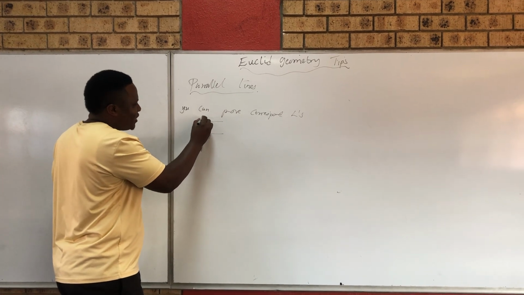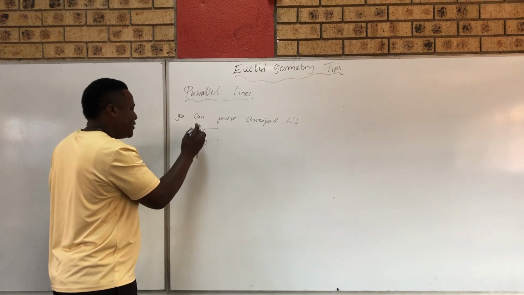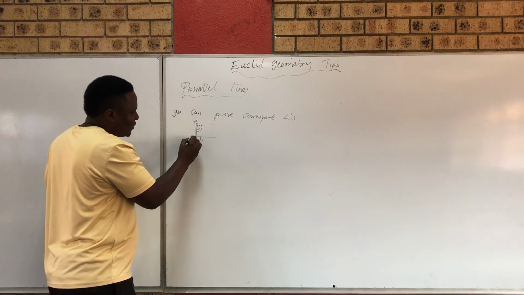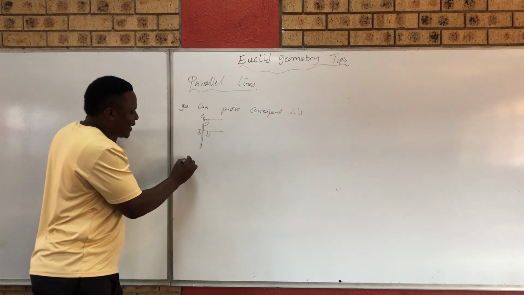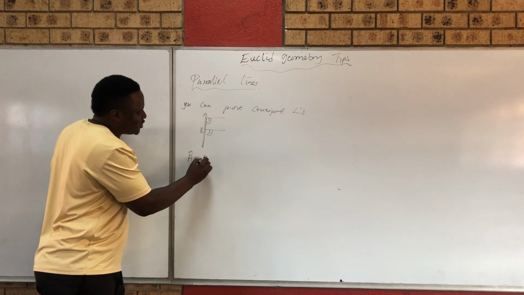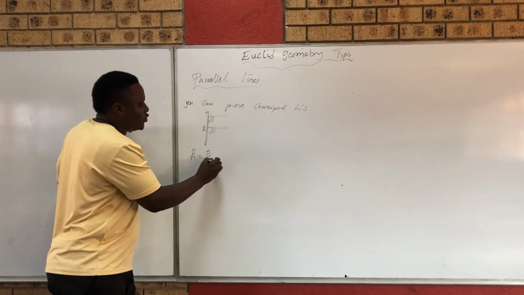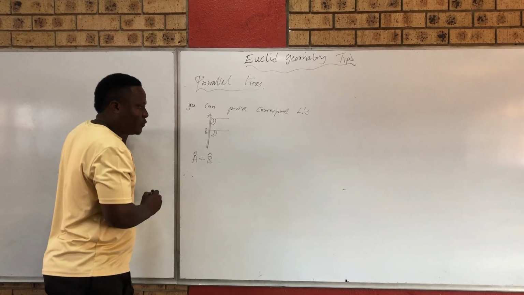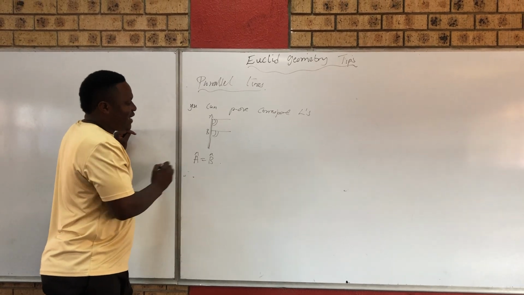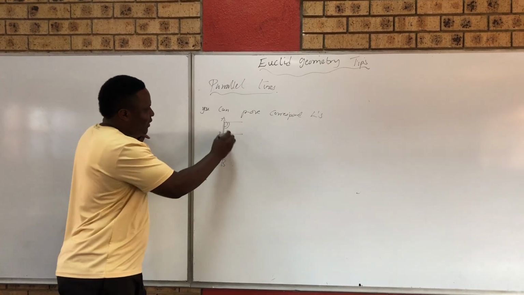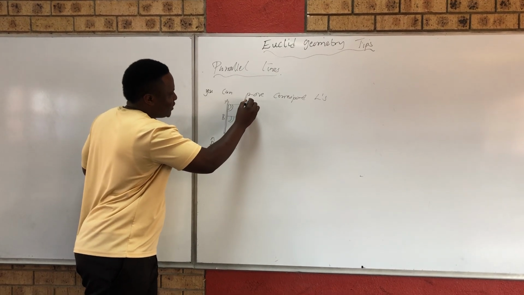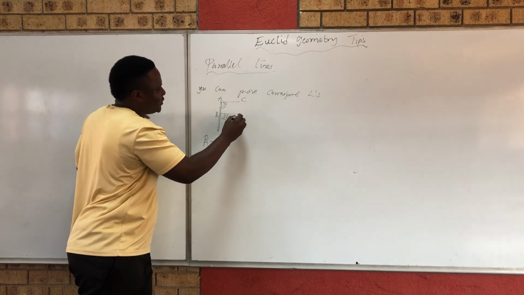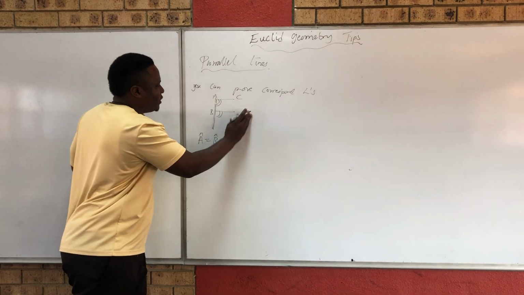Maybe let's call this A, and let's call maybe this one B. If you go and show that angle A is equal to angle B, then you can simply conclude and say, therefore, let's say maybe, okay, let me just write here and say AC, and then maybe BD.